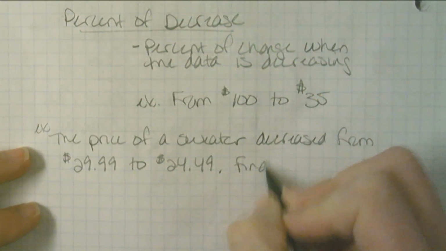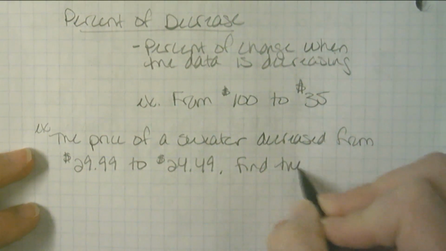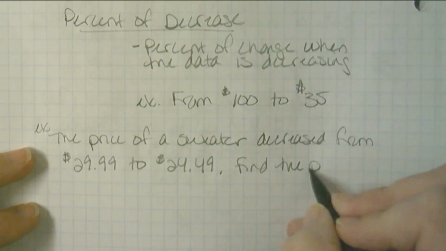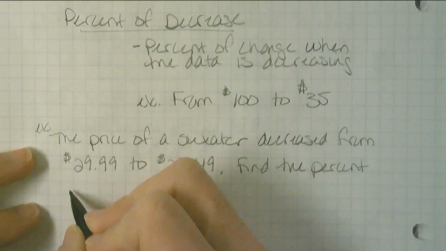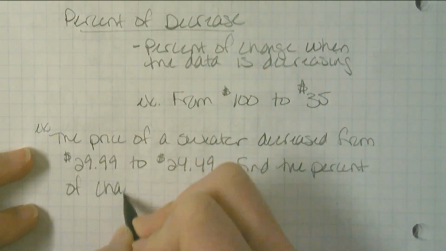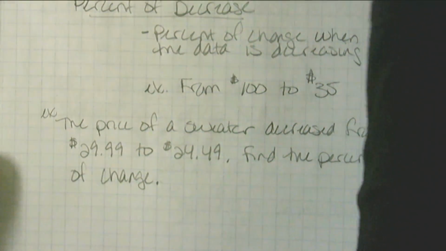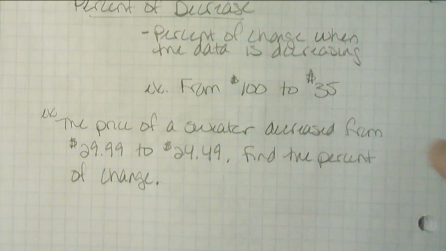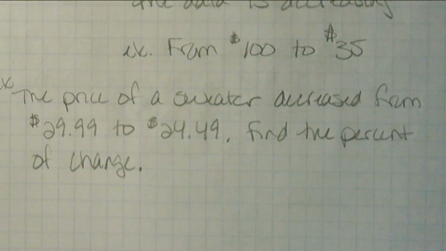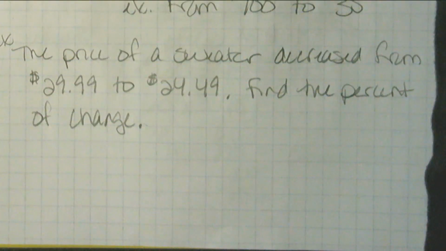Find the percent of decrease. In some of these, it's just going to say find the percent of change. In other ones, it's going to say find the percent of decrease. In other ones, it might say find the percent of increase. It's all the same thing. So always start with the formula.